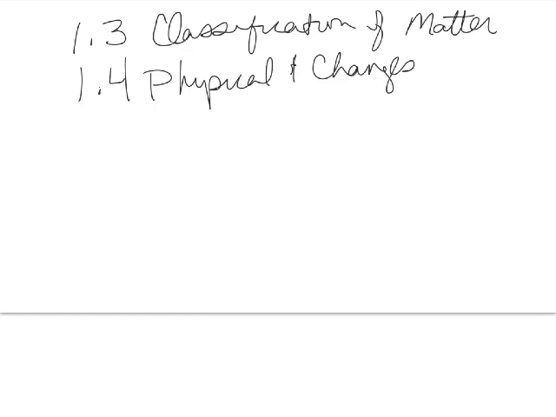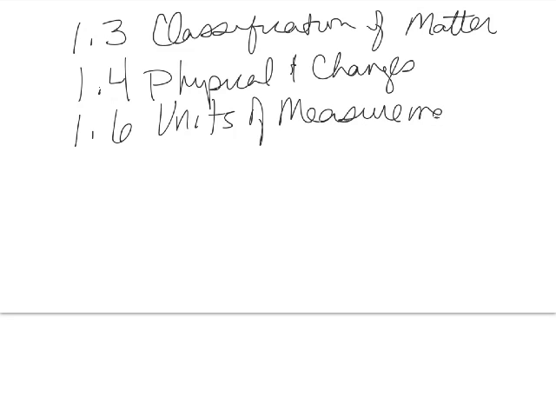Other parts of chapter 1, I would focus heavily on 1.6, the units of measurement. I would recognize how to measure length in meters, mass in kilograms. So you're looking at table 1.1 on page 14.